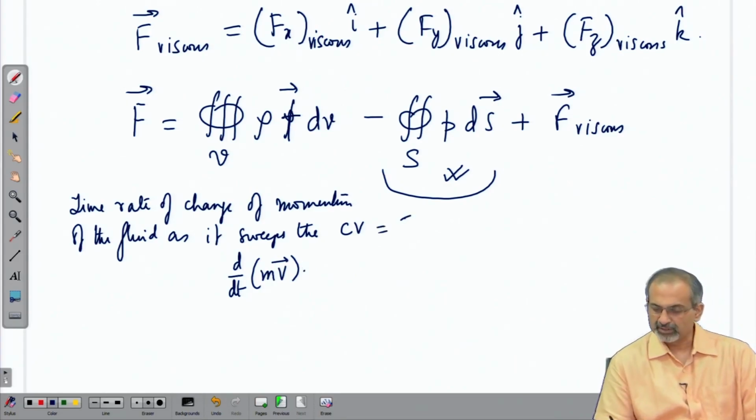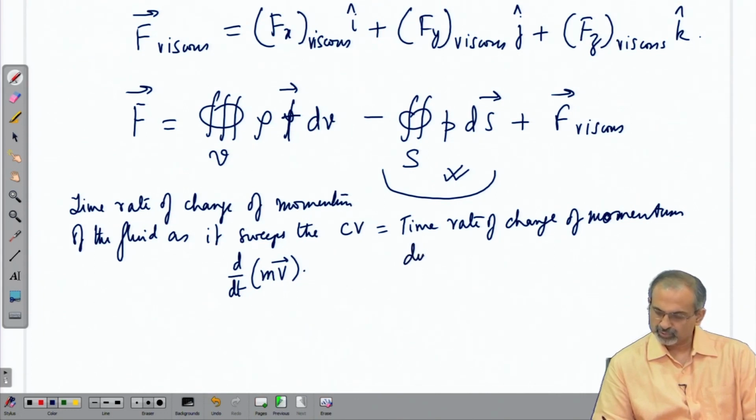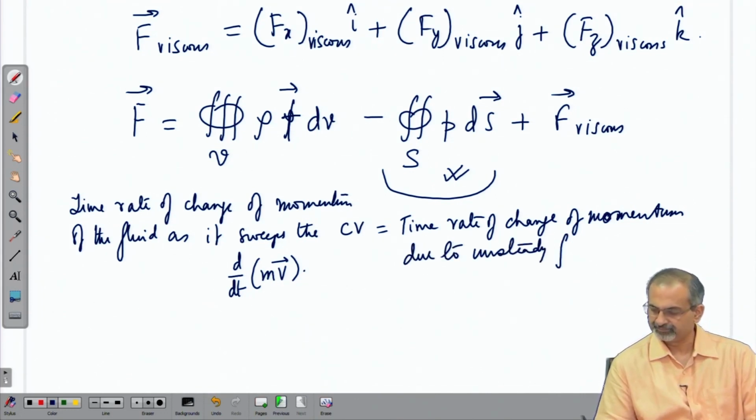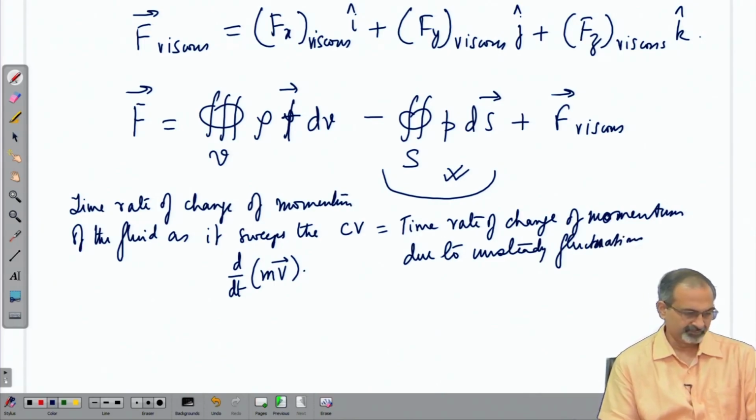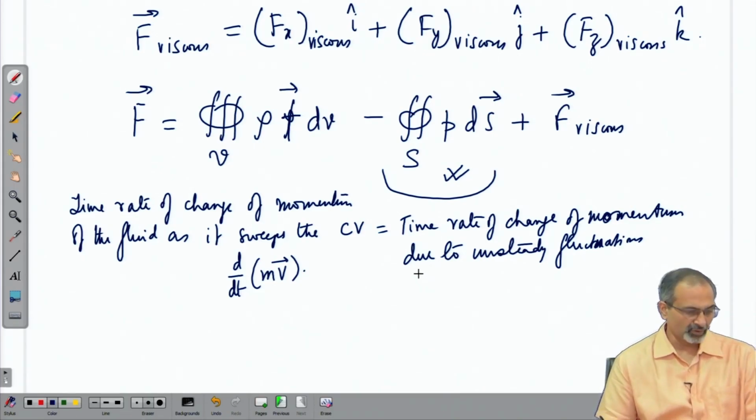That would be due to the time rate of change of momentum due to unsteady fluctuations in flow properties, which would alter the content of momentum within the control volume.